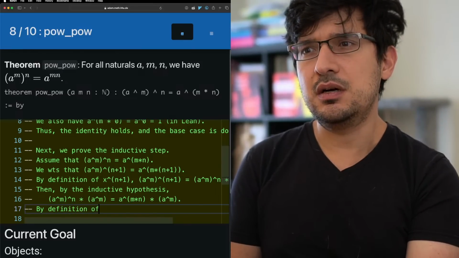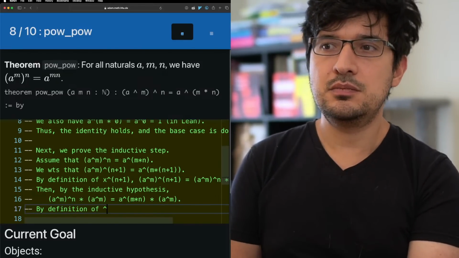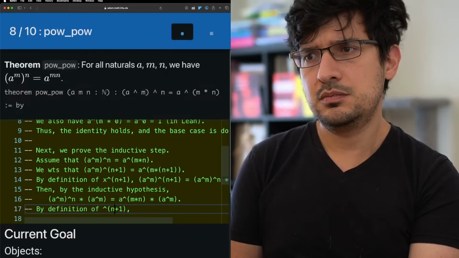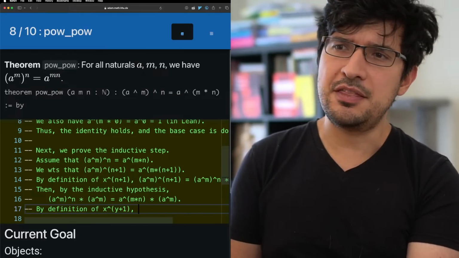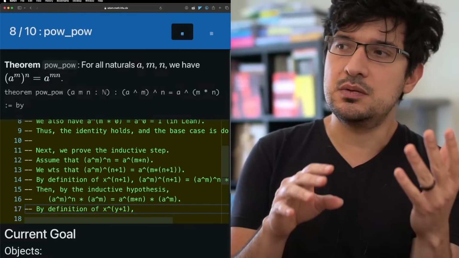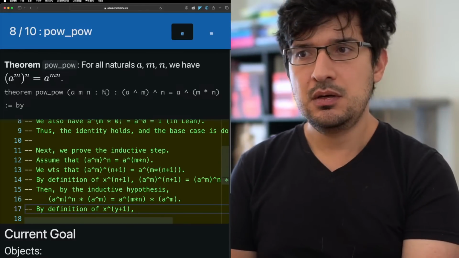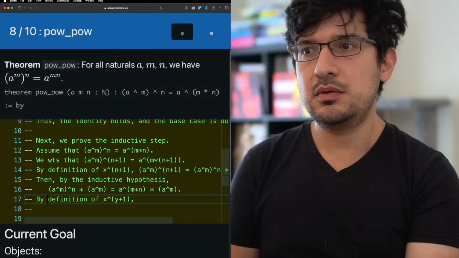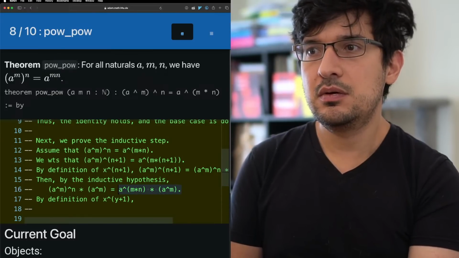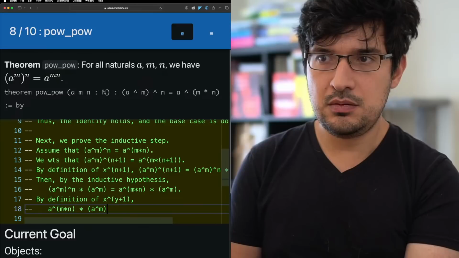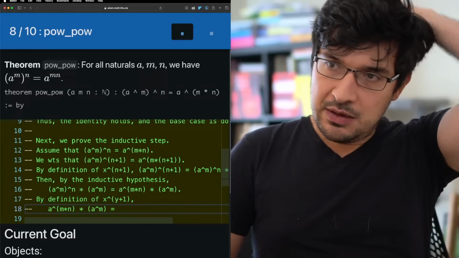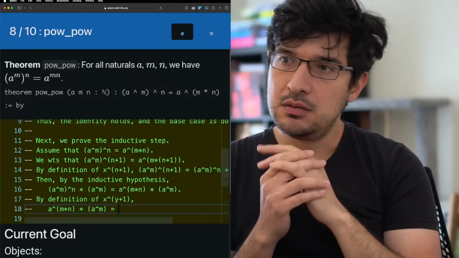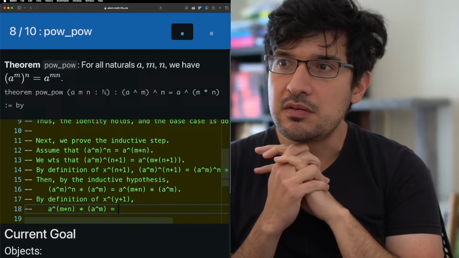By definition of, again, by the definition of raising something to the next number, let's take all this. a to the m times n times a to the m equals, oh wait, we have to modify this ever so slightly.